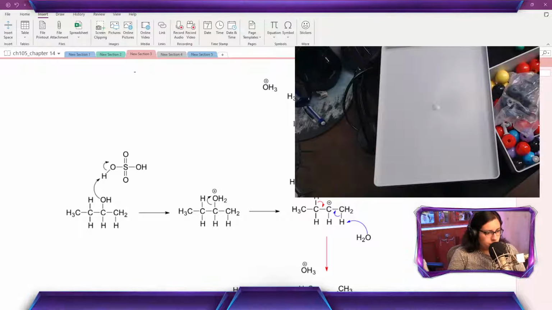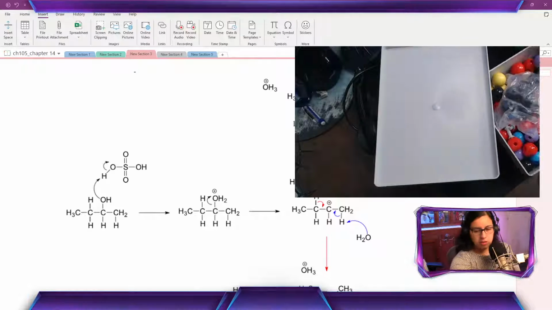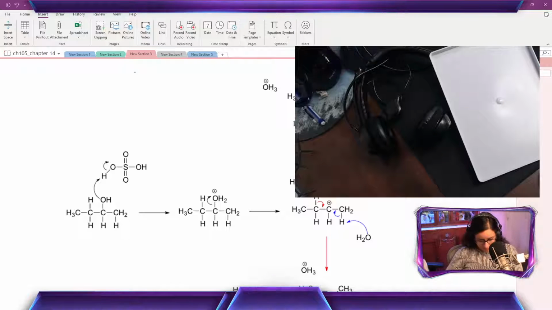Maybe I should have used my little OChem kit. Running low on these hydrogens.